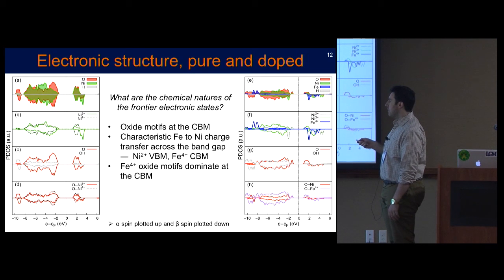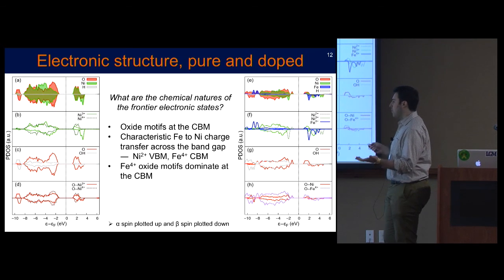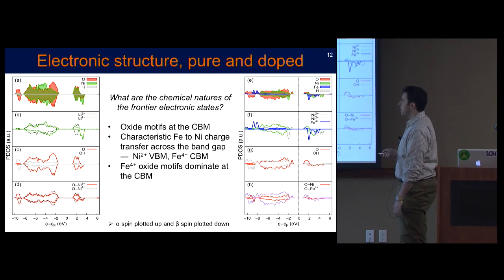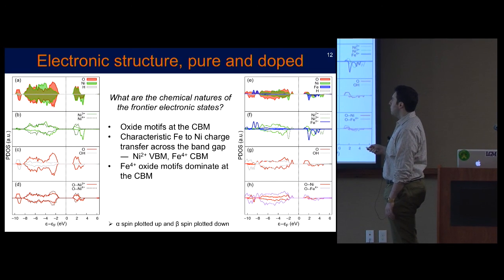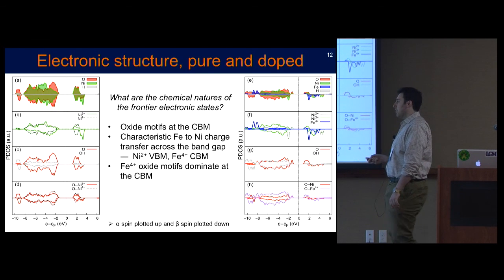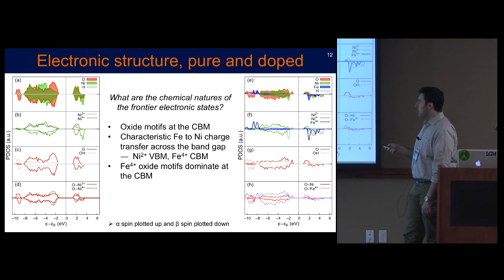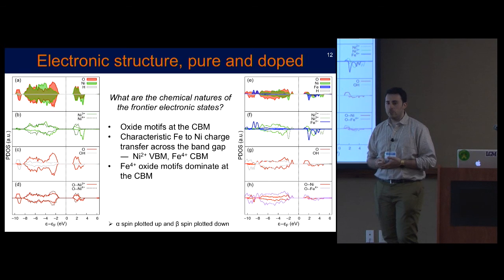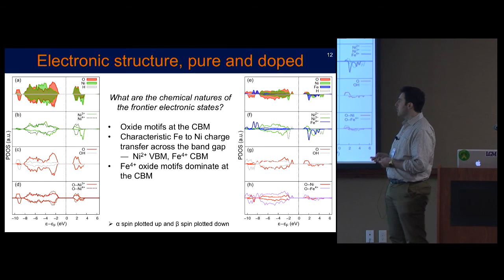Anything to the right is the conduction band, or the unoccupied or virtual orbitals. So we can project this density of states, which is already resolved throughout the K-space, onto an atomic-like basis set and look at the chemical nature of those frontier orbitals.